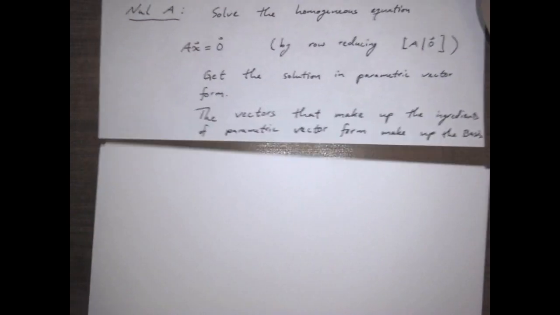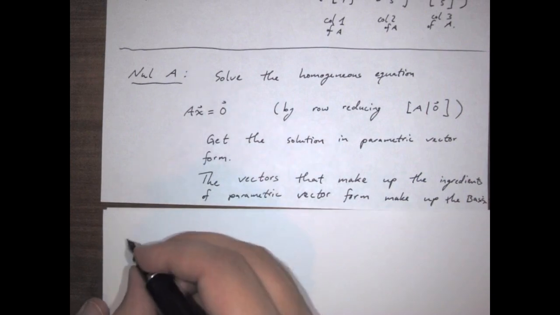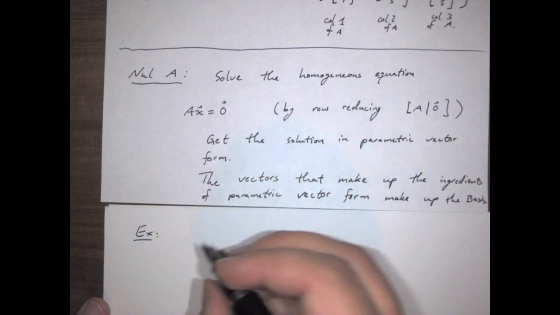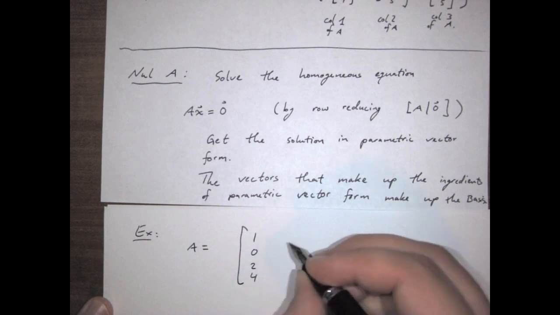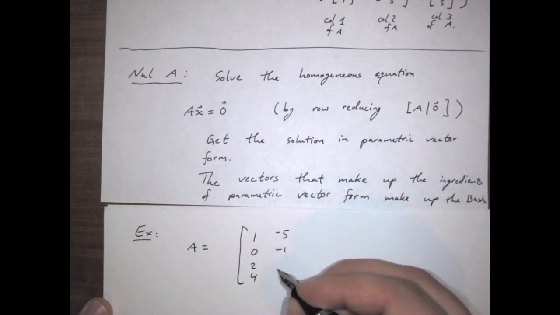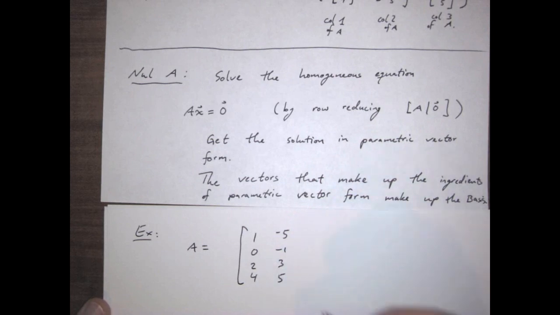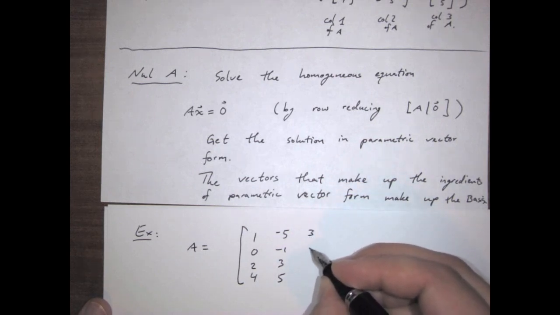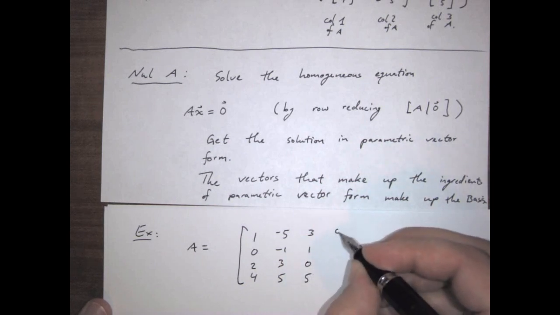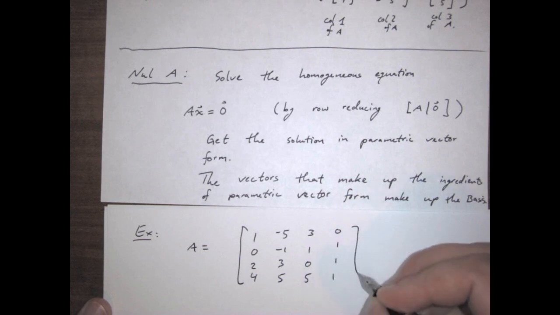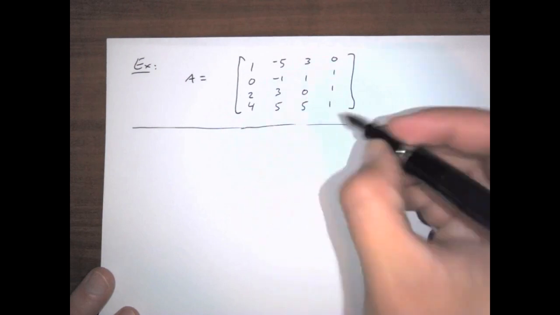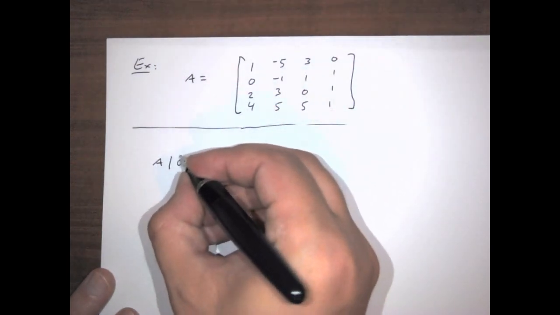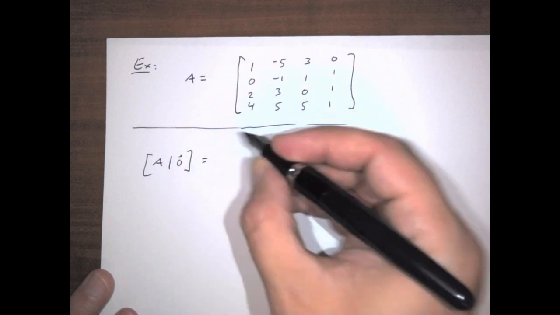Now, as an example, let's again return to that A and think about how this would play out. So if A is equal to 1, 0, 2, 4, negative 5, negative 1, 3, 5, 3, 1, 0, 5, and 0, 1, 1, 1, then what we'll do is the augmentation, A augmented by zeros, which is the first step to solving the augmented system.